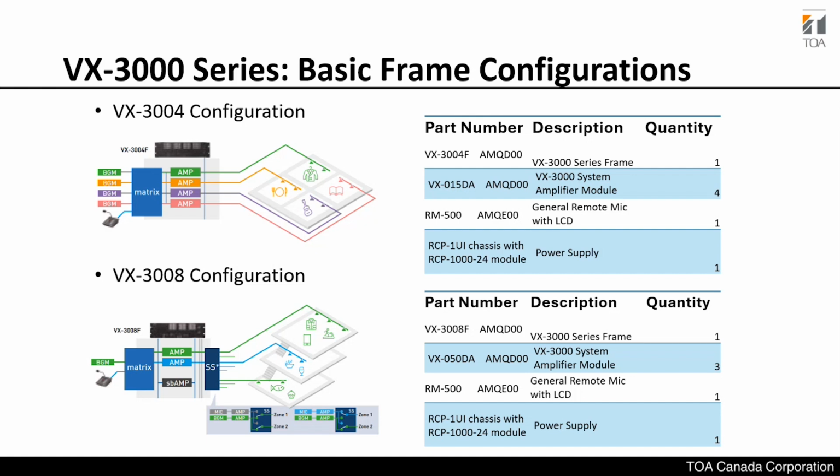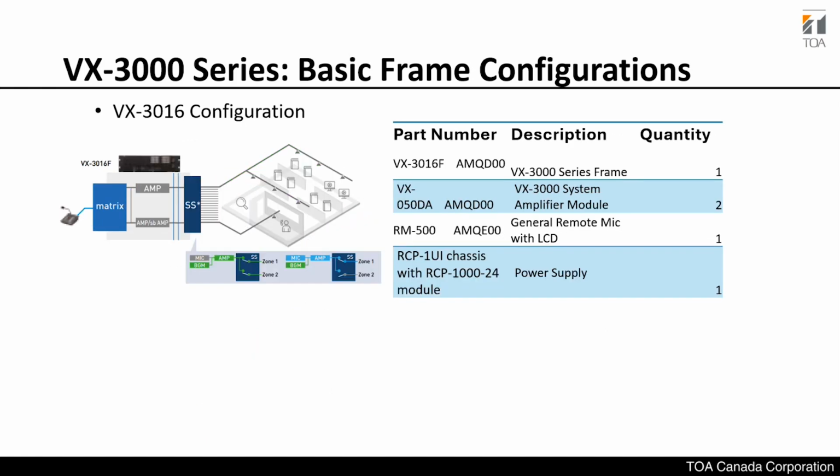Then, depending on the trigger on the system and the configuration, it will switch for each individual zone whenever you want to target it as a paging target. And then finally, the VX3016 is purely a speaker selector. That's why I said it's not ideal for having background music, but more for just paging smaller zones. That's where it shines the best.